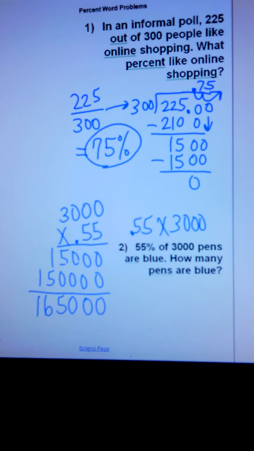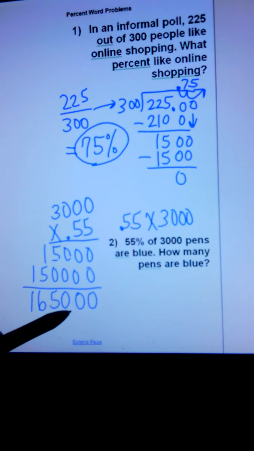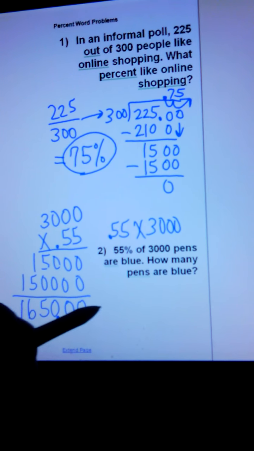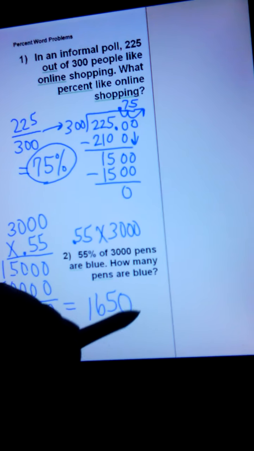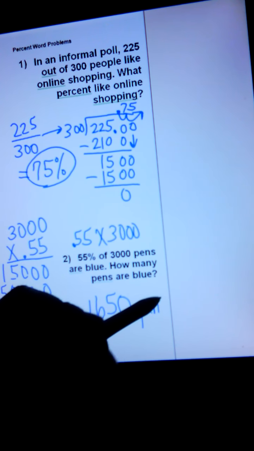Once we put our decimal point in the correct spot, we get our final answer of 1,650 pens.